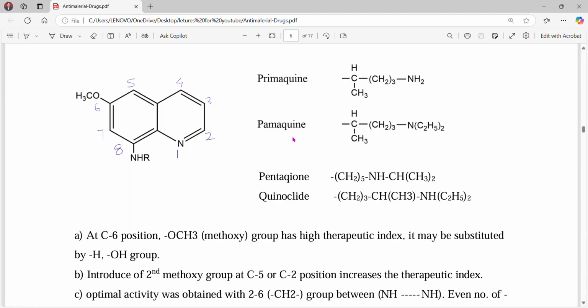Palmaquine has a close resemblance and similar type of actions with respect to primaquine. Compared to primaquine, palmaquine is more toxic and less efficacious.